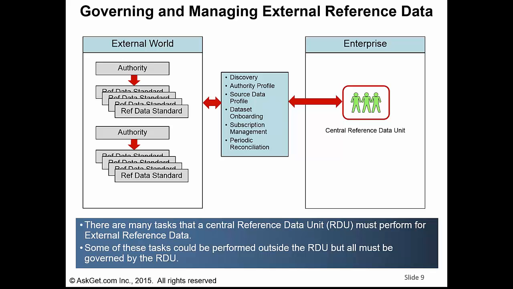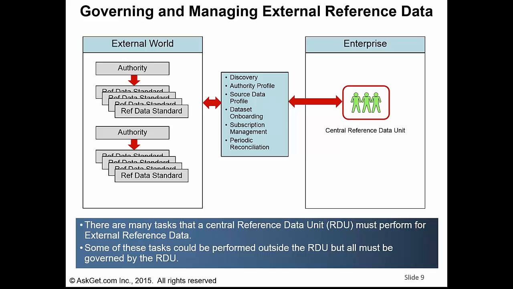Once you've done the initial ingestion, then there's ongoing management. Updates will be released. Sometimes they're deltas, sometimes there are point releases from these authorities. Subscription management is a big deal, and monitoring those releases and getting them across into the enterprise is something the reference data unit has to do. And then finally there's periodic reconciliation.